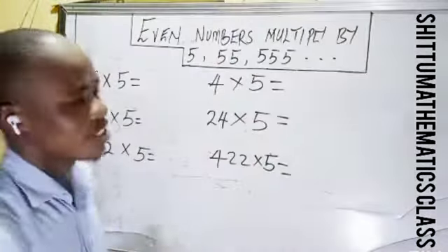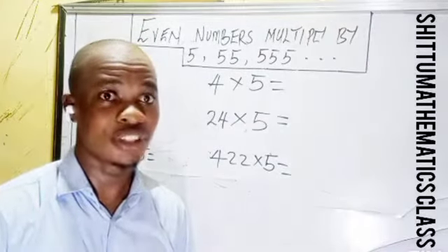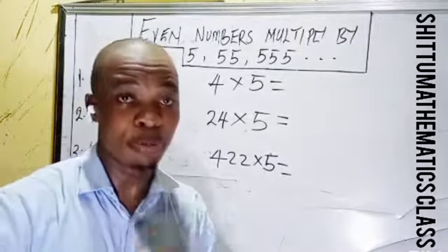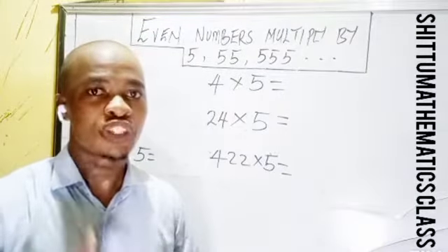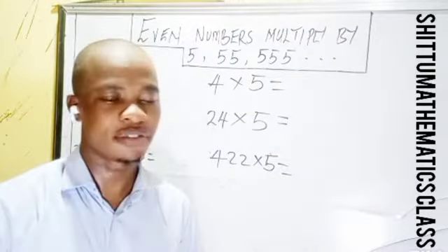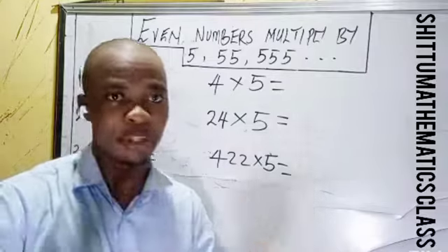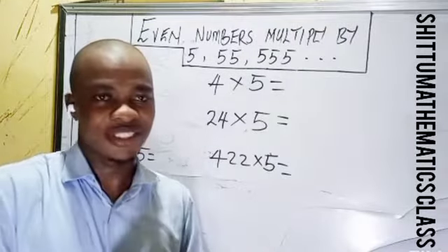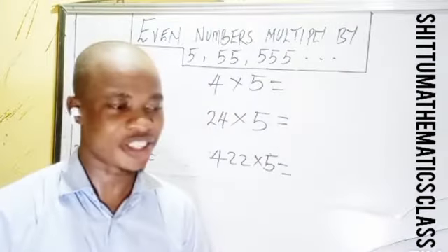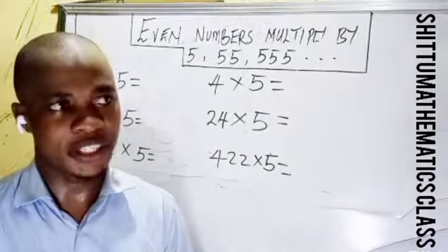As we can see, 5 is a number that is very popular in mathematics. Whenever you multiply an even number by 5, you don't stress yourself. What you just need to do is just 2 steps, and you get your answer. It's going to be very helpful. So now let's get started.